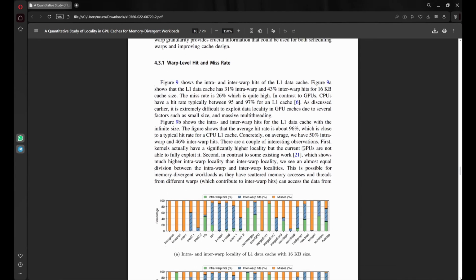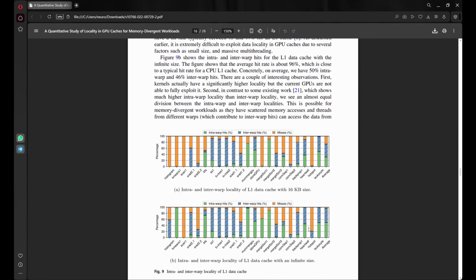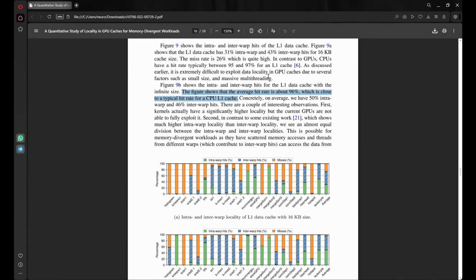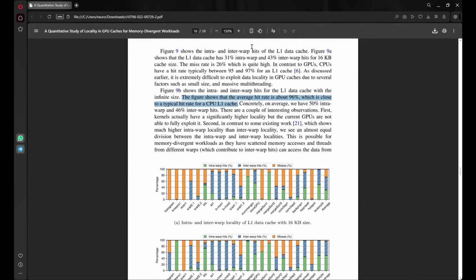The figure here shows that if we were to run the same locality study on an L1 cache with infinite size, we see the hit rate actually goes up to 96%, which is a lot more than the 74% that we saw with the realistic cache size.